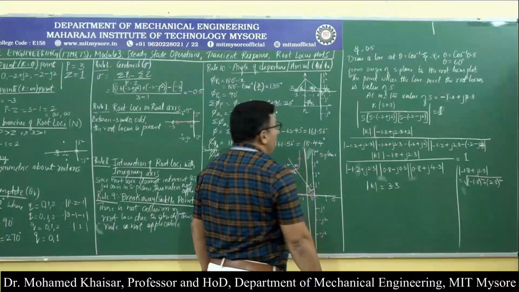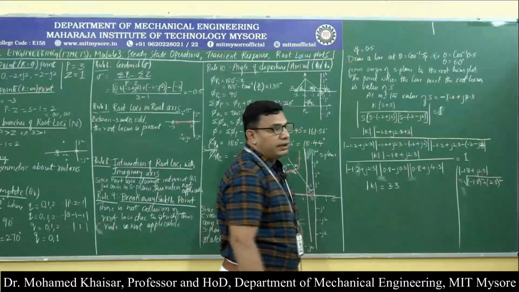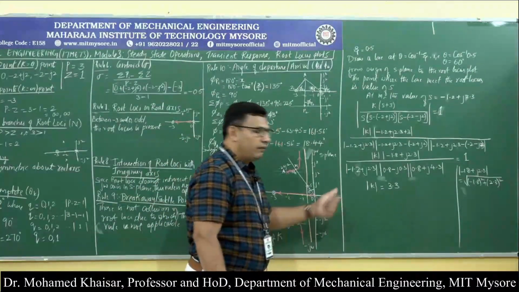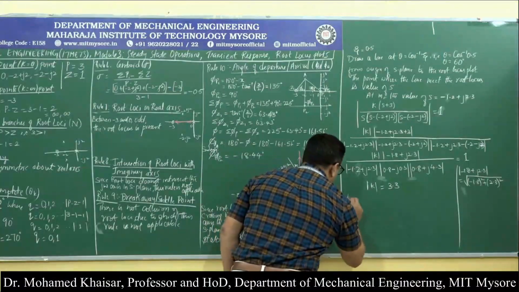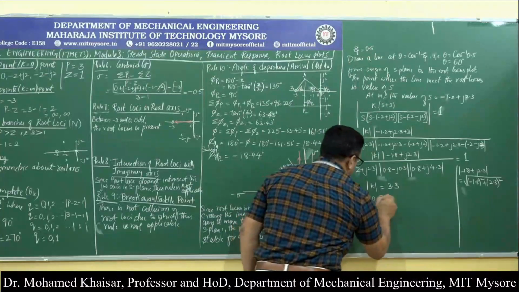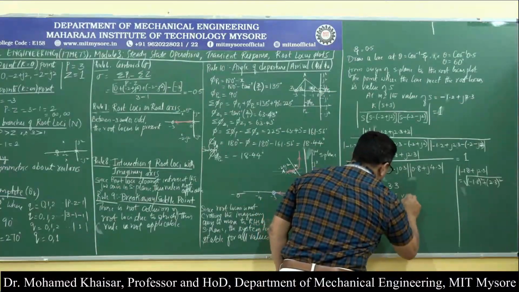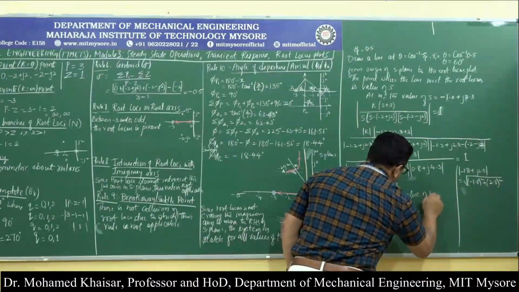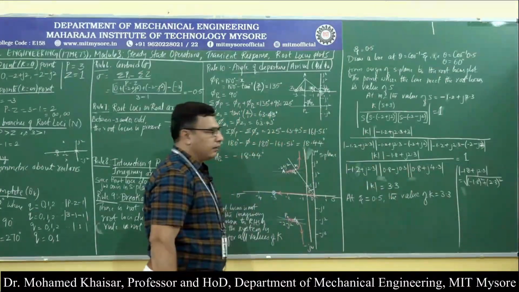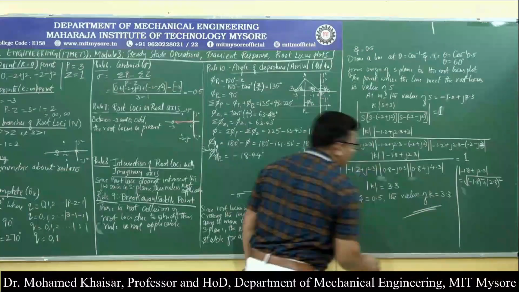That means at the damping ratio zeta equal to 0.5, the value of K will be equal to 3.3. This is the final solution.